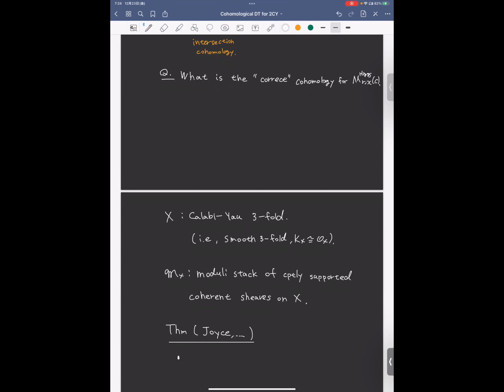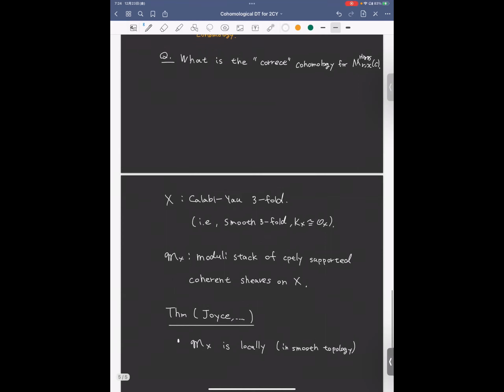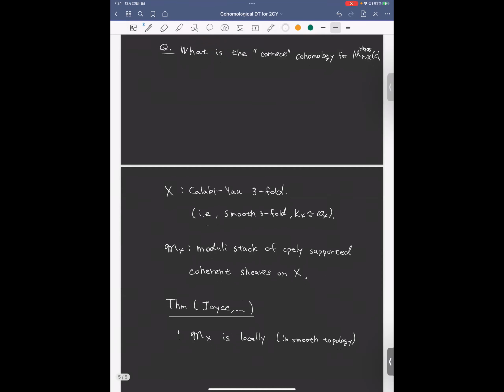Firstly, what Joyce proved is that M_X is locally, in the smooth topology, isomorphic to a critical locus.